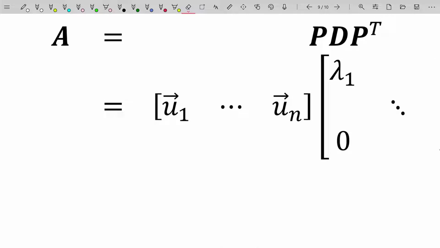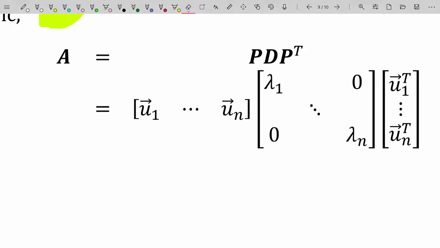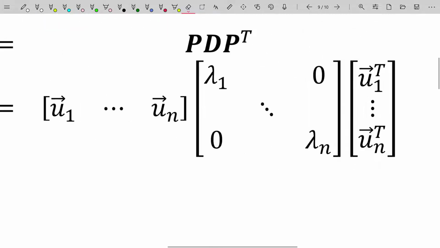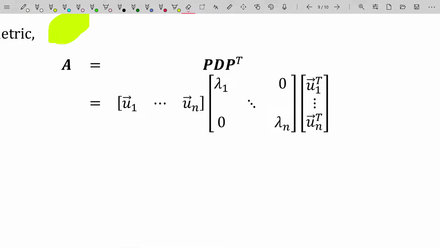So they are not only orthogonal, they're orthonormal. D is the matrix containing the associated eigenvalues, and obviously P transpose is just the transpose of P itself. So that'd be u sub 1 transpose as the first row, all the way down to u sub n transpose as the final row. Now what we're going to do is multiply P against D.